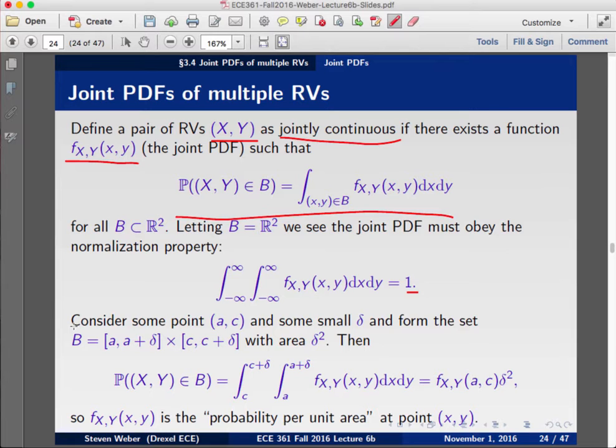Namely, it has a base area of delta squared on the xy plane, and then the height of that cube is f at xy.